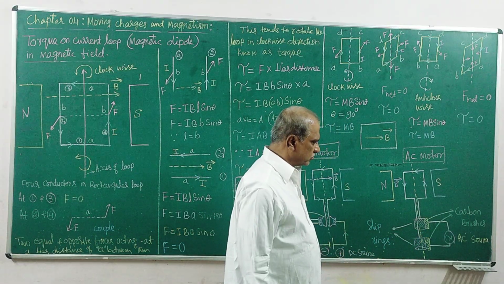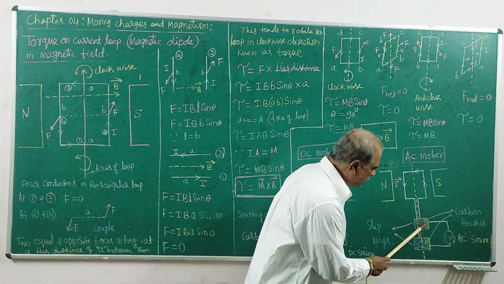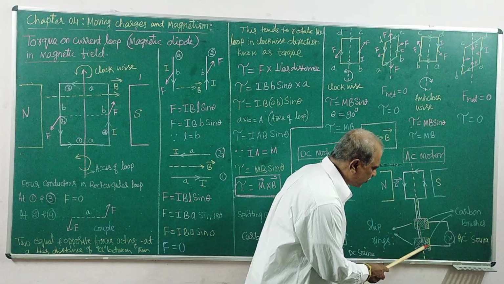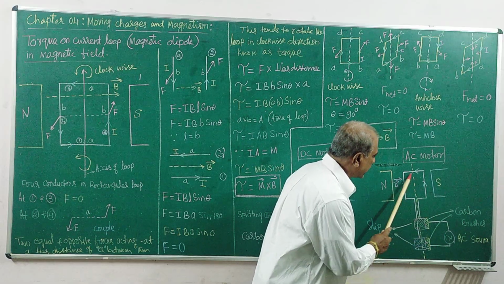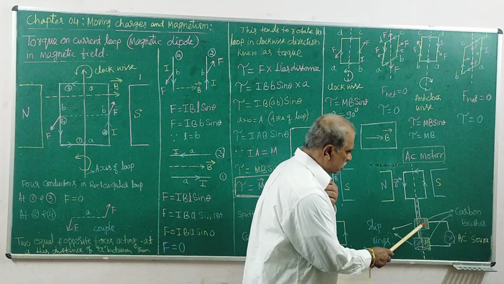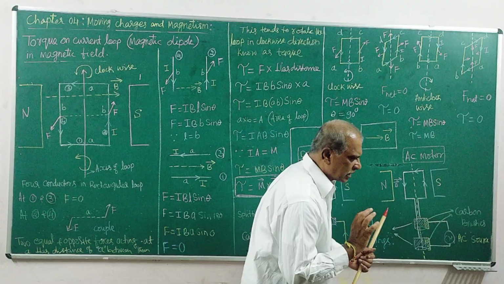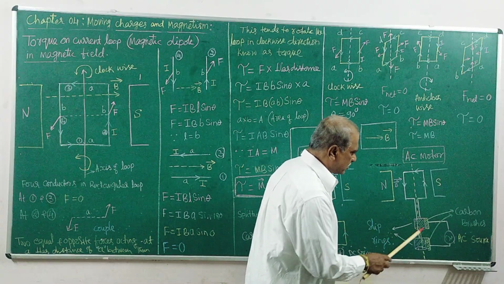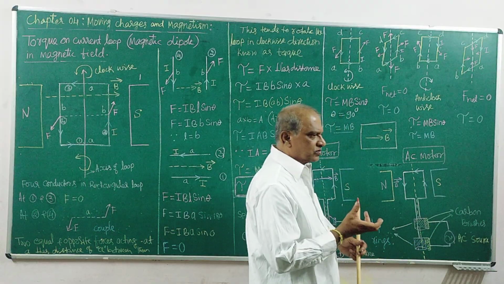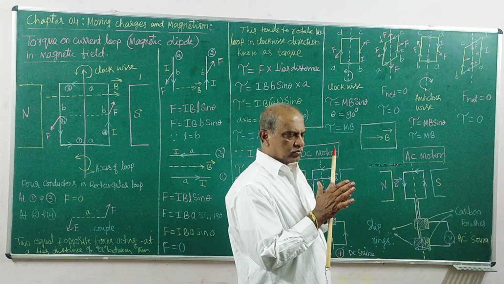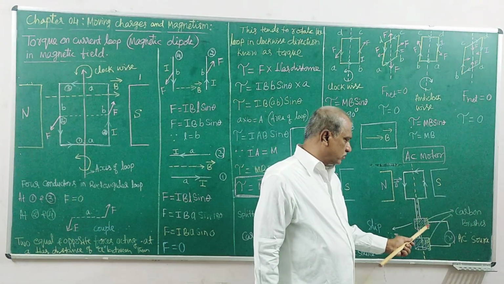The carbon brushes are fixed and in touch with them. That is the stationary circuit, and this is the rotating circuit. So while rotating, it will slide over the surface, but always in touch, with carbon brushes only, to minimize lubrication.